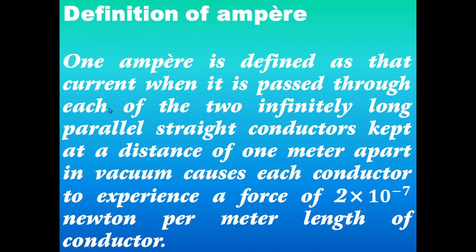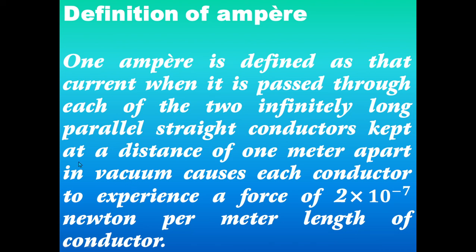The next important 2 mark question: definition of ampere. What is the definition of ampere? 1 ampere is defined as that current which, when passed through each of two infinitely long parallel straight conductors kept at a distance of 1 meter apart in vacuum, causes each conductor to experience a force of 2 into 10 power minus 7 Newton per meter length of the conductor.